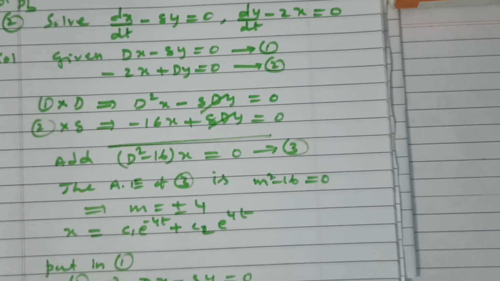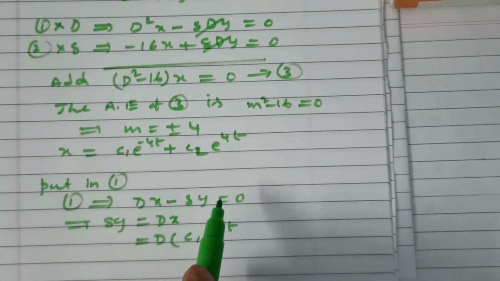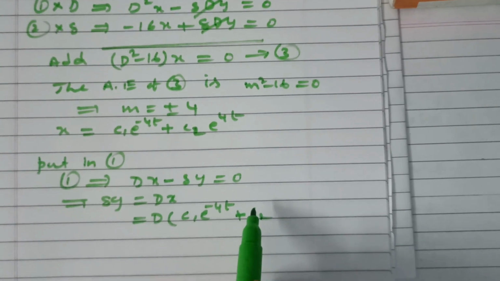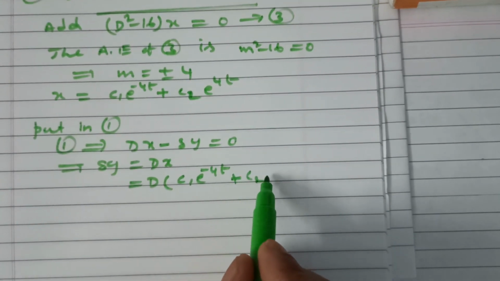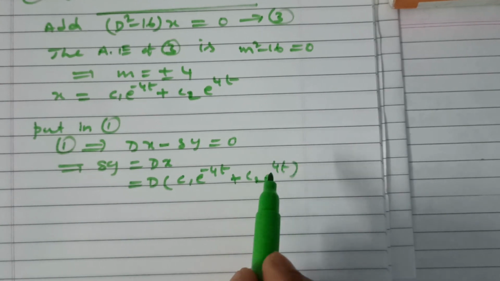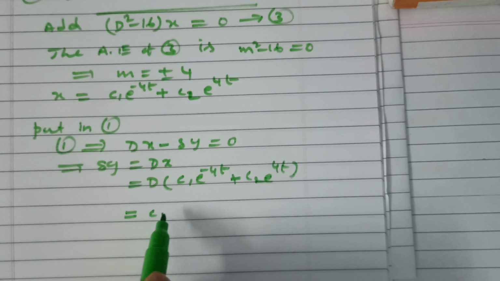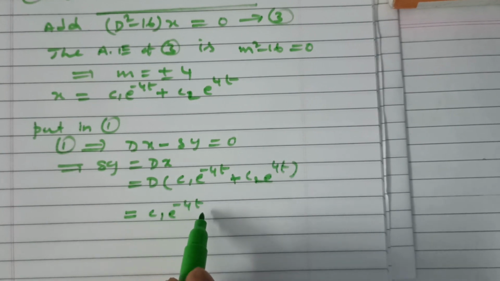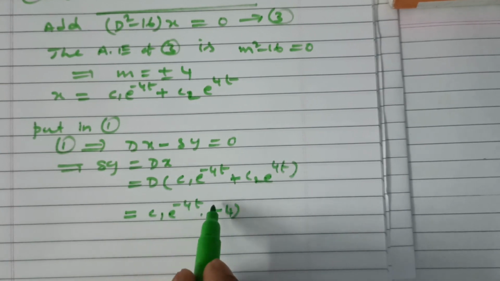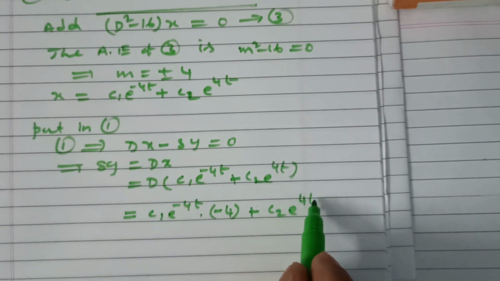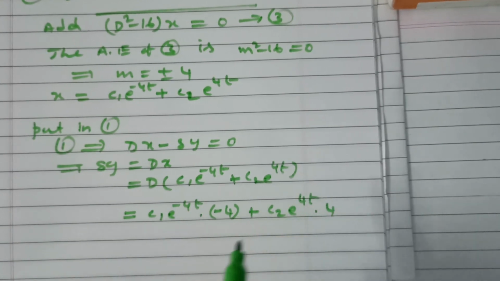D of x value, where x is c1 e power minus 4t plus c2 e power 4t. Differentiate: c1 e power minus 4t into minus 4 plus c2 e power 4t into 4.